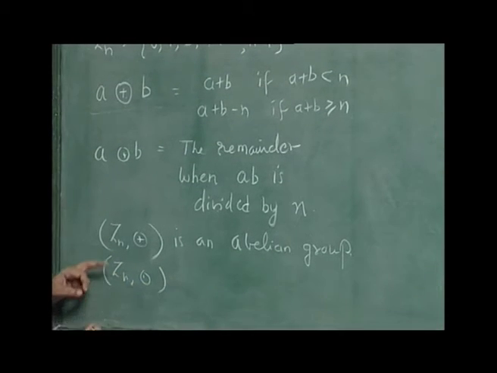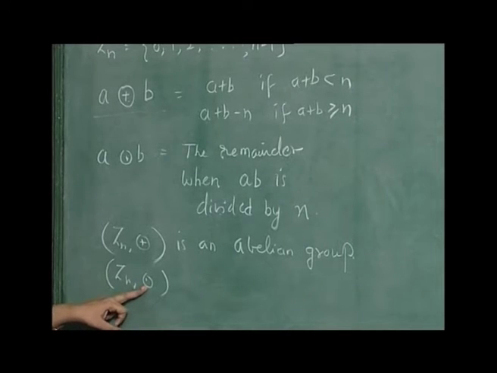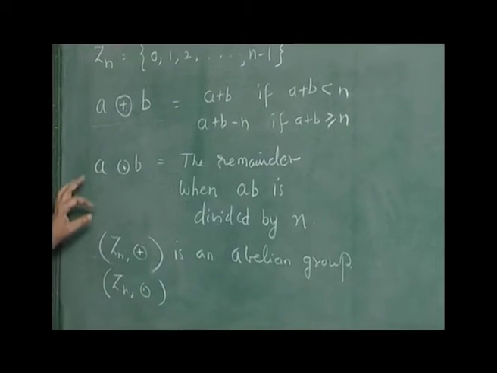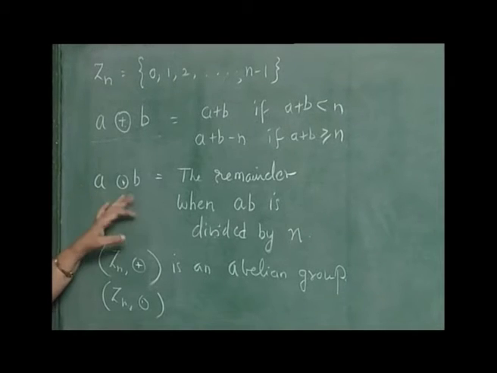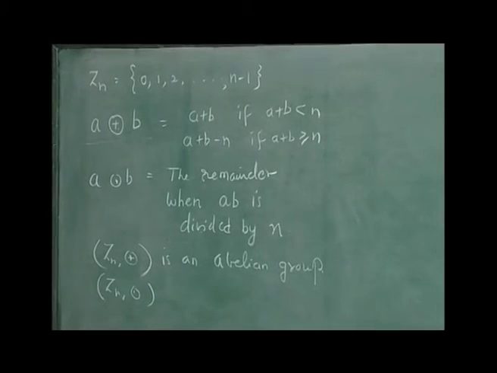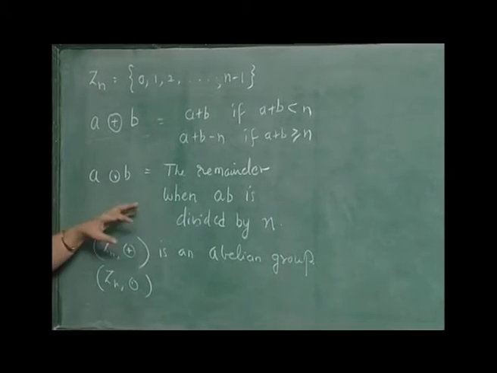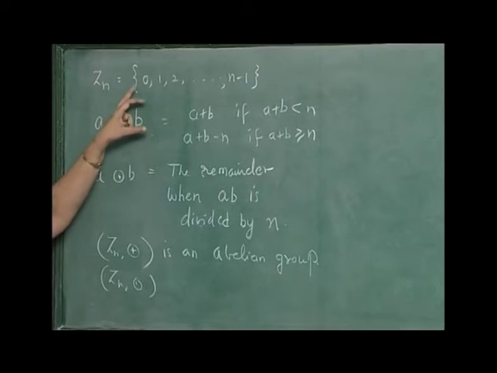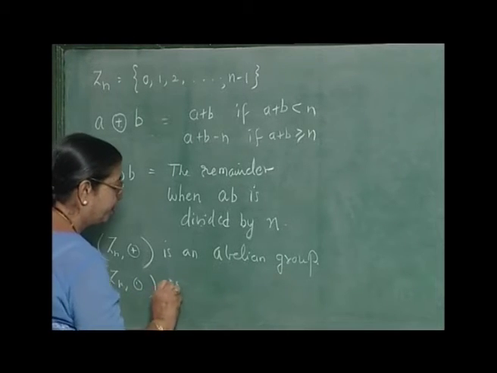We can see that with respect to this operation, this is closed. If you multiply two elements and then divide by n, you get another element. The remainder will always be one of the elements between 0 and n minus 1. So it is closed with respect to mod n multiplication, and the associative property also you can prove without much difficulty. So, this is a semi-group.